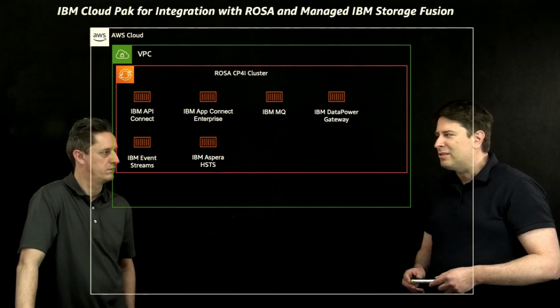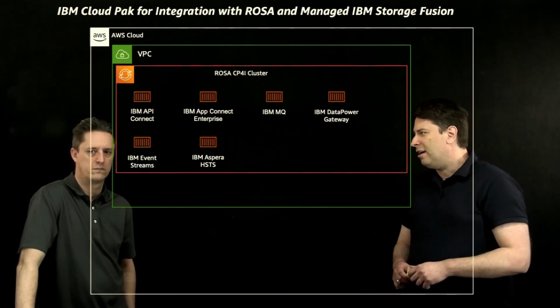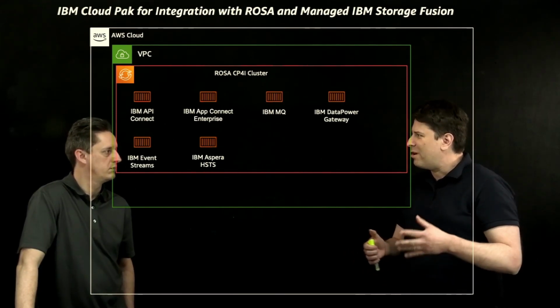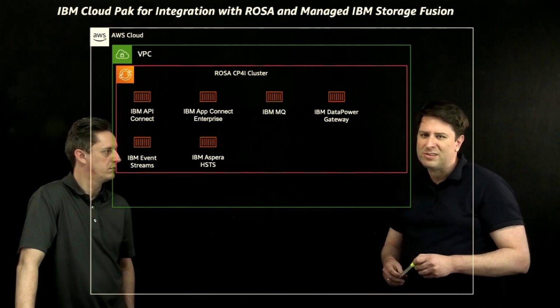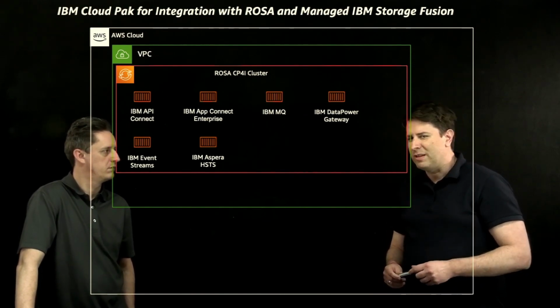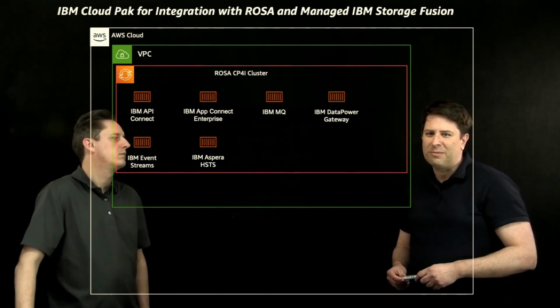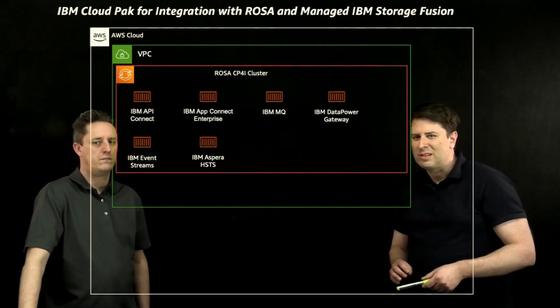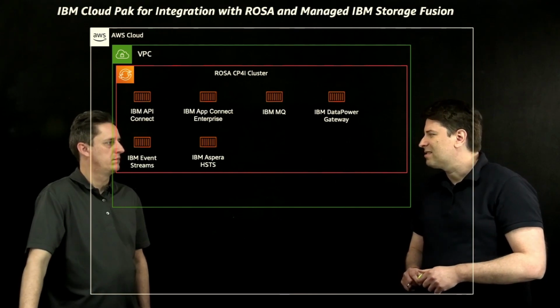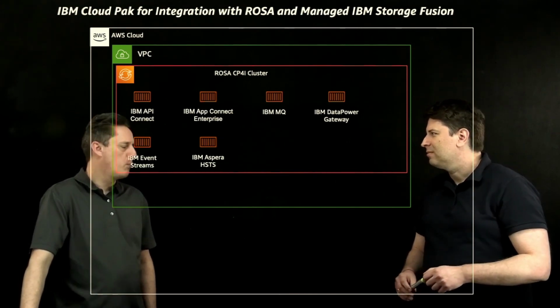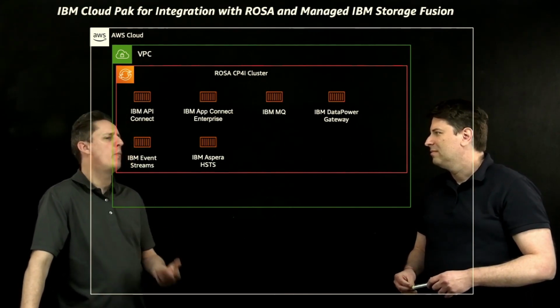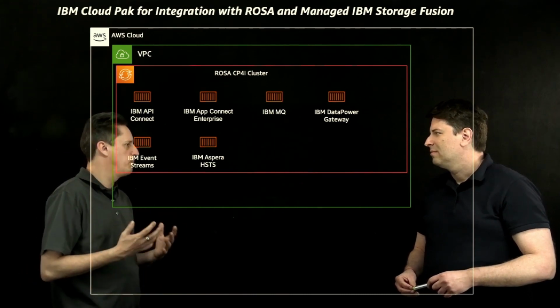Likewise with App Connect Enterprise, where you can have enterprise flows to do message transformation, message routing between different systems. So that's also part of Cloud Pak for Integration, just as also IBM DataPower Gateway, Event Streams, and Aspera HSTS.